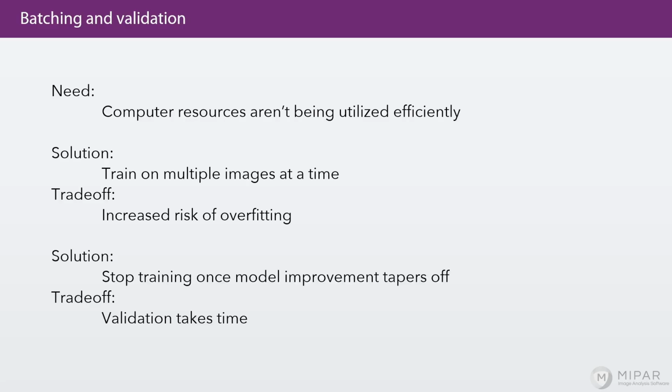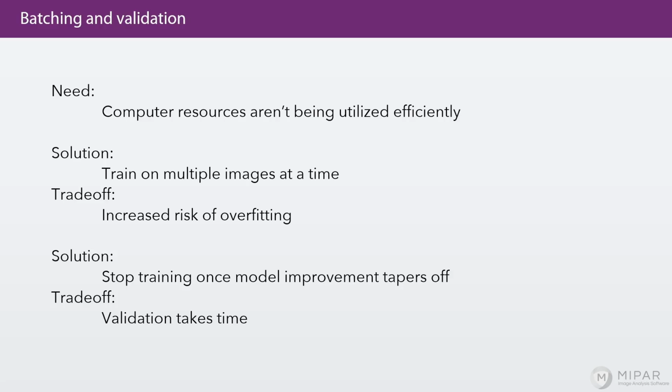The second solution that we offer is simply to stop the training early if it's not profitable to keep going. So perhaps you've learned all that you can from the data that you happen to have. We do this by validating the model outside of the training loop. Just run the model as it currently is on all the training data and give it a score. How well is it doing?